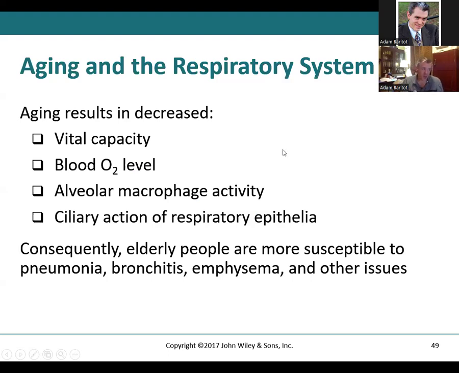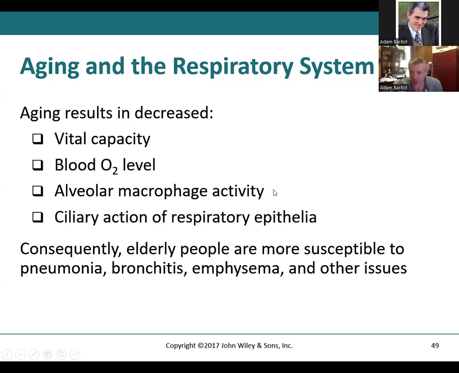As we get older, we can see a decrease in vital capacity, the amount of air we can draw in. Blood oxygen levels tend to decrease as we get older. In my teens, I had a blood O2 of around 100%. Right now, my blood O2 is around 99 to 98%. I am in my mid to late 40s. Alveolar macrophage activity.